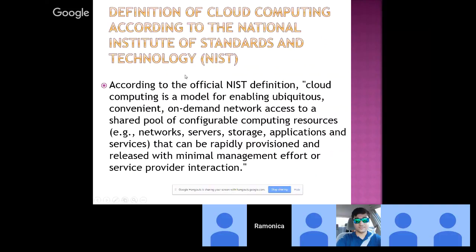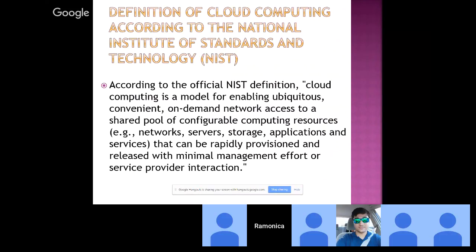The National Institute of Standards and Technology is a measurement standards laboratory agency with the United States Department of Commerce, and its mission is to promote innovation and industrial competitiveness.